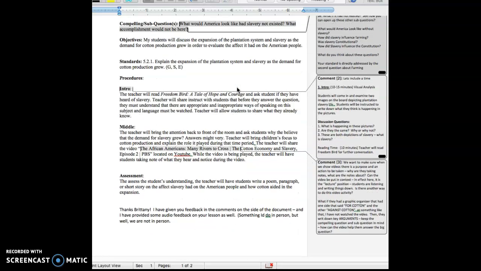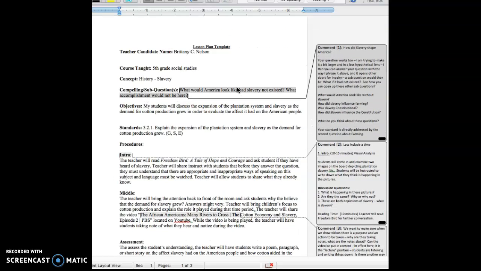But specifically, after looking over your lesson, the big question is, how did slavery shape America? And the sub-question is, how did slavery influence farming and what was grown and vice versa? So you might even ask, how were cotton and slavery intertwined? Answering that sub-question will help students answer the bigger question.